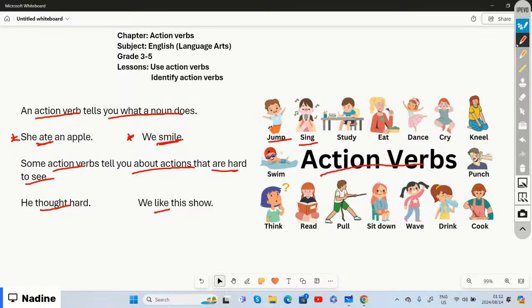They are singing. If you are about to write exams, then you need to study. To eat, dancing, which is a movement, cry or sobbing, to kneel down, to think. Remember, we said think, it's an action that is hard to see. Read, pull, sit down, wave, drink, and cook. Those are all action verbs.